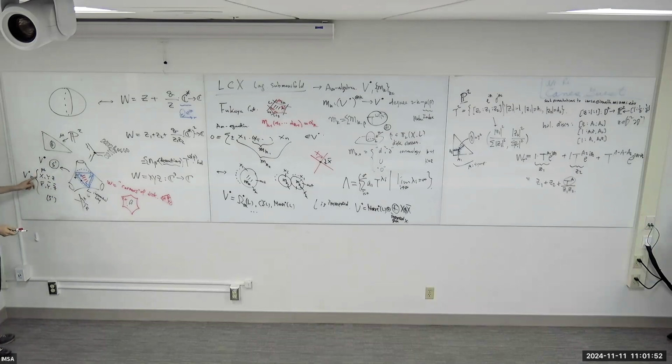And notice that this is actually a very good Lagrangian, because the vector space is isomorphic to the exterior algebra on three generators.